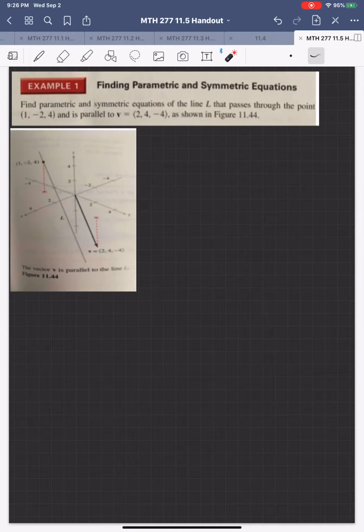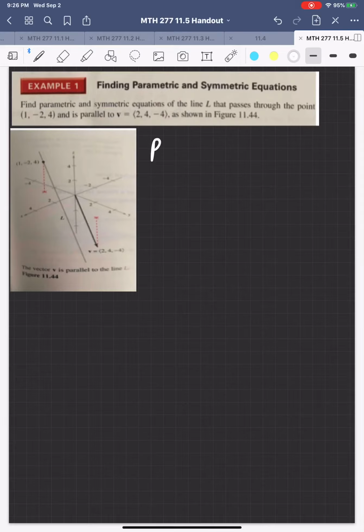Ready? So we're asked to find both the parametric and the symmetric equations for the following. Find a parametric and symmetric equations of the line L that passes through the following point, so that's our P, and is parallel to this vector V. So in this case, they've done all the heavy lifting for us.